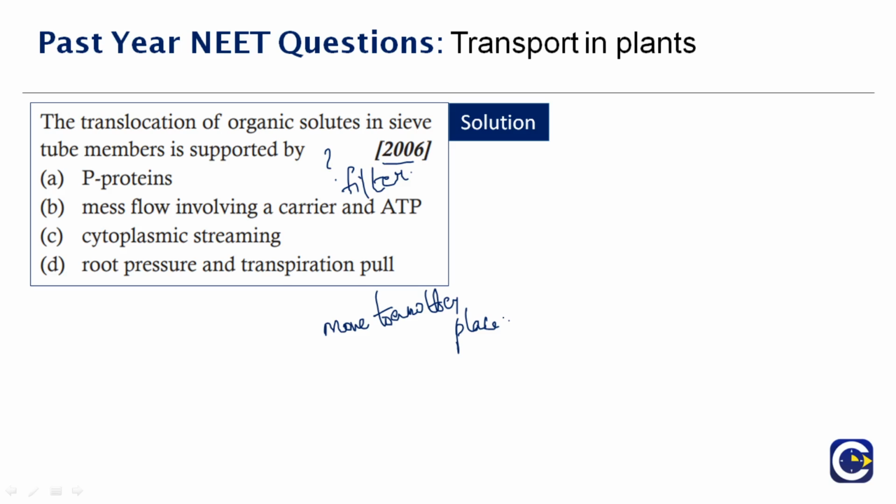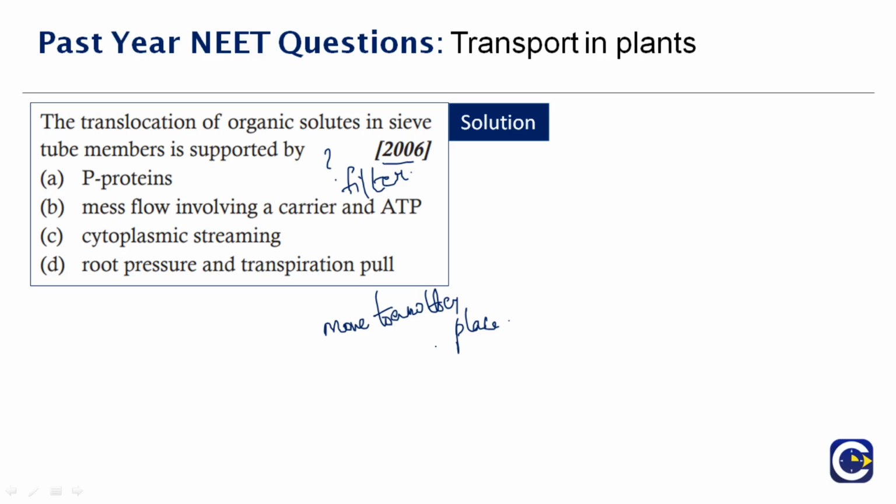So now we should know what is P protein. See, you get protein in the form of powders also. They are actually used as supplements. But P protein is also called phloem protein.